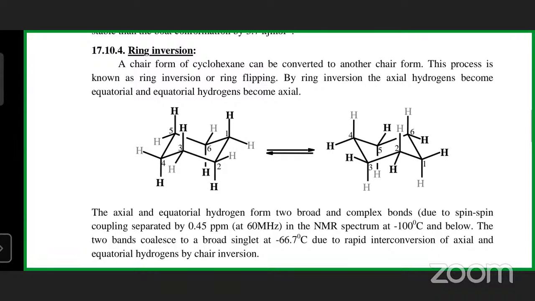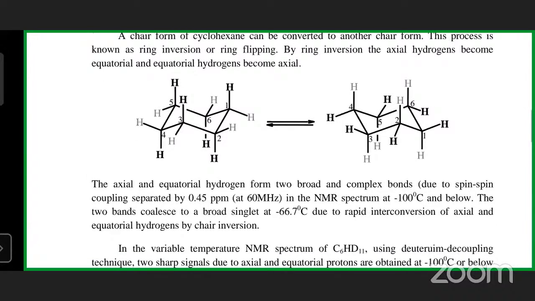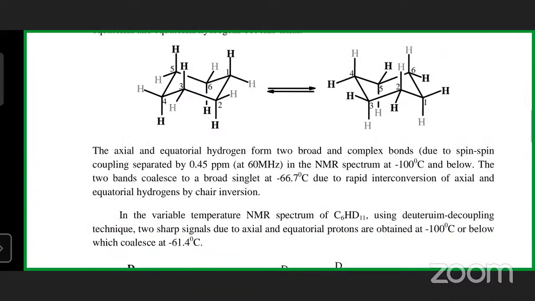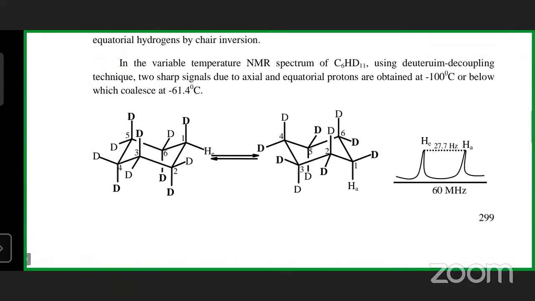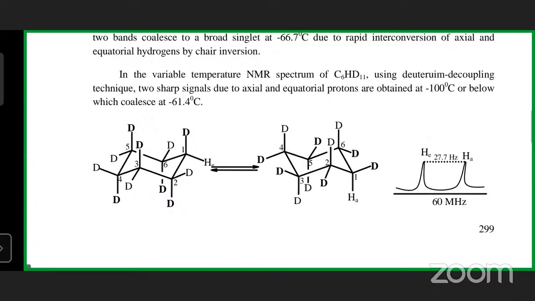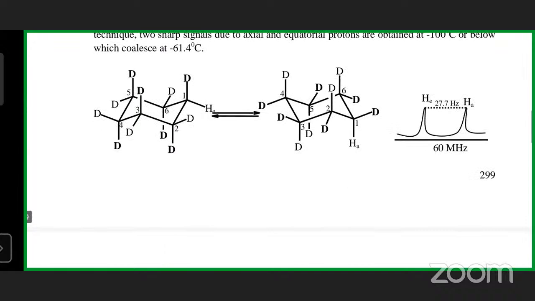For example, the axial hydrogens appear at 0.45 ppm chemical shift value. In this way you can differentiate axial and equatorial bonds, and it can be explained by deuterium exchange. By deuterium exchange you can explain the ring inversion of cyclohexane.